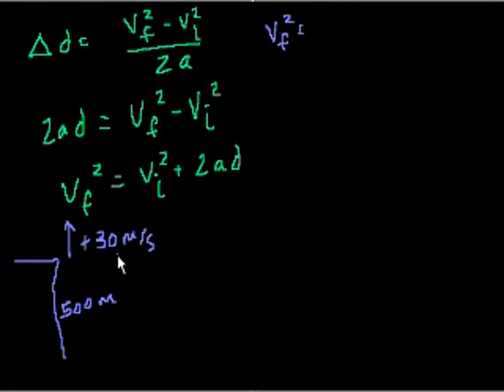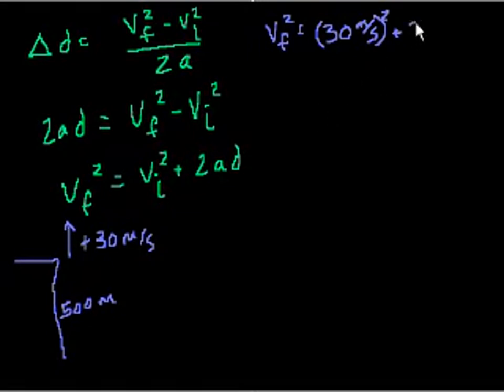So what's our initial velocity? It's plus 30 meters per second, right? So it's 30 meters per second squared plus 2AD.